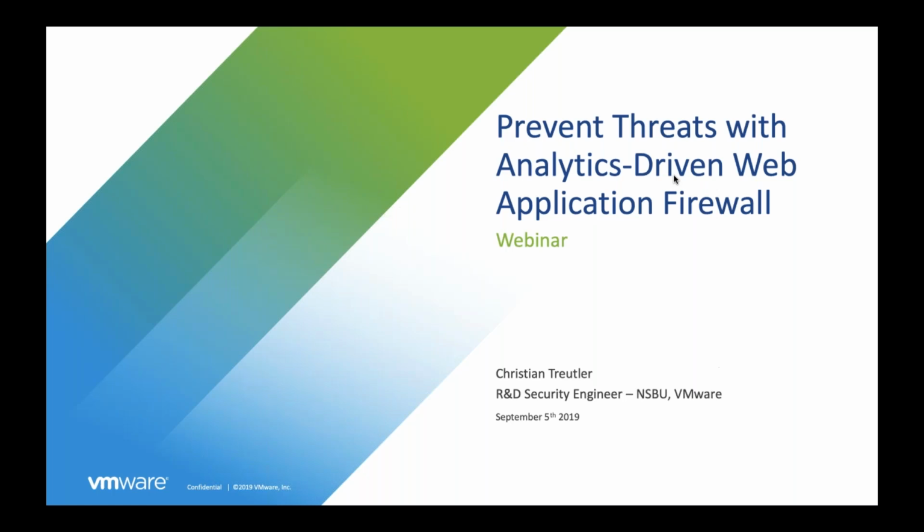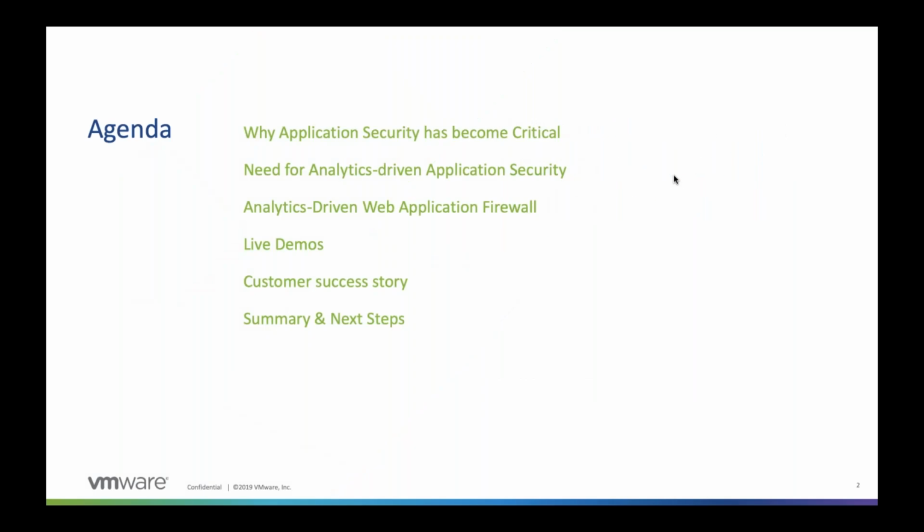Thank you, Lei, and welcome everybody to this webinar. Let's go into the agenda to see what we're going to talk about today. First of all, I will talk a little bit about application security, why it has become critical, and why there's a need for analytics-driven application security.